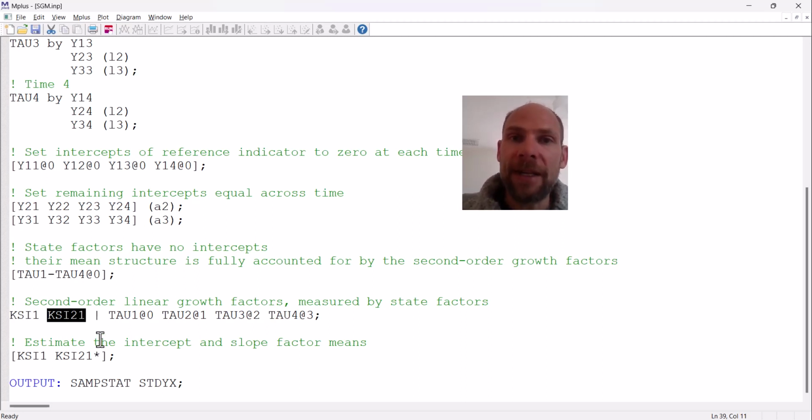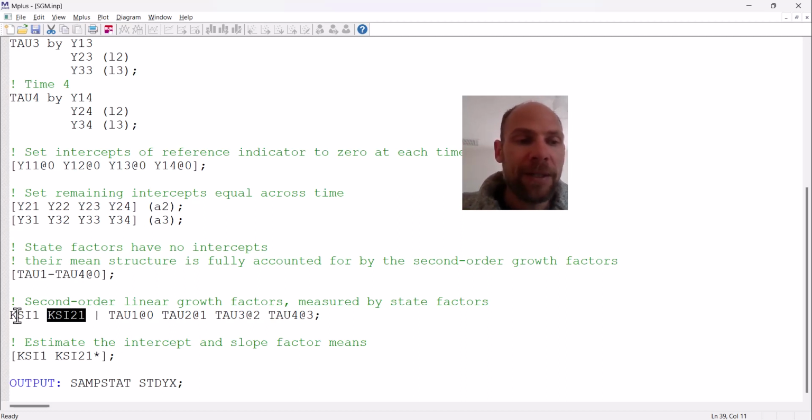So that's our linear slope or linear growth factor that represents linear changes over time, and it's defined to be the difference in trait factors between time 2 and time 1. And then the difference is the same given equal spacing over time. This factor has a constant change influence over time with the same rate because it's linear growth.